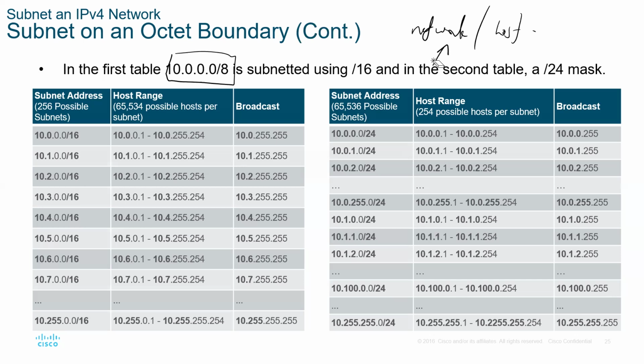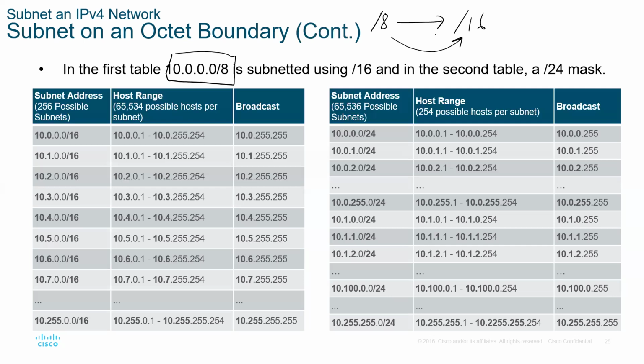Let me put it this way. It becomes a bit tricky. Let me use this example. I had a /8, and I was going to the /16. If I go from a /8 to a /16, it means I've borrowed 8 bits from the host originally.